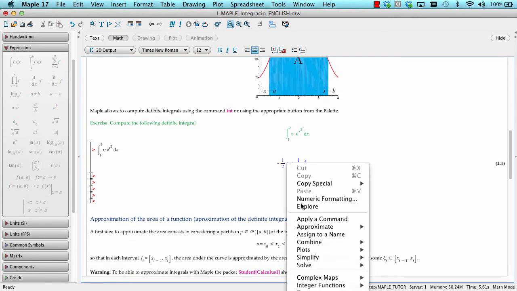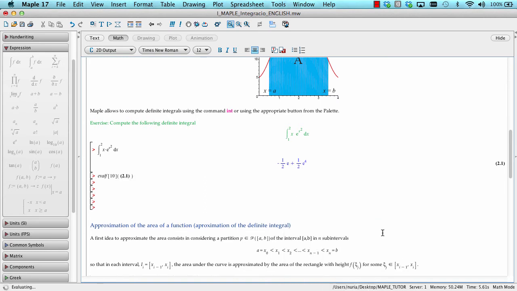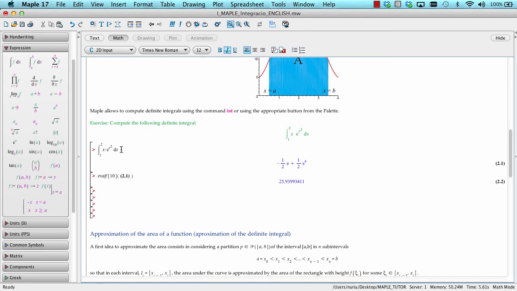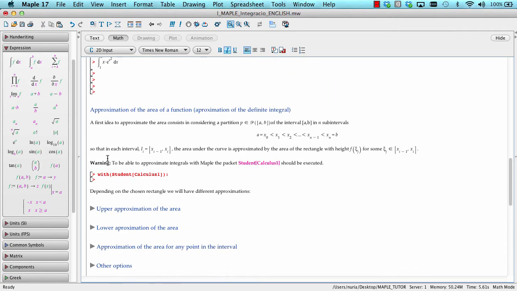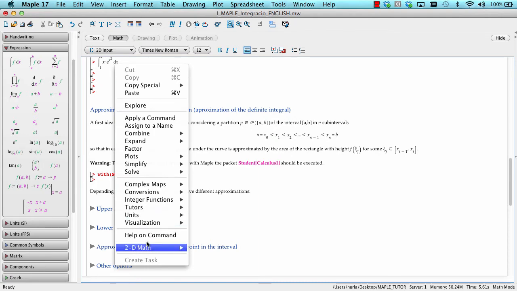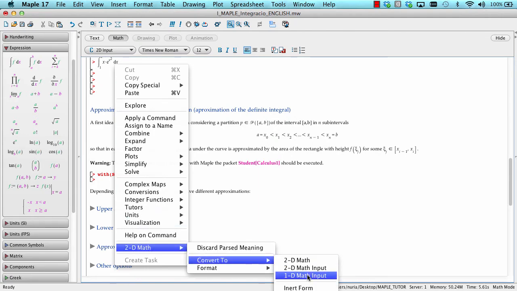Remember that with the right hand button, approximate to 10 decimal places, you have the result. And then you can see how we do it in 1D just by copying and pasting and use 2D math, convert to 1D.